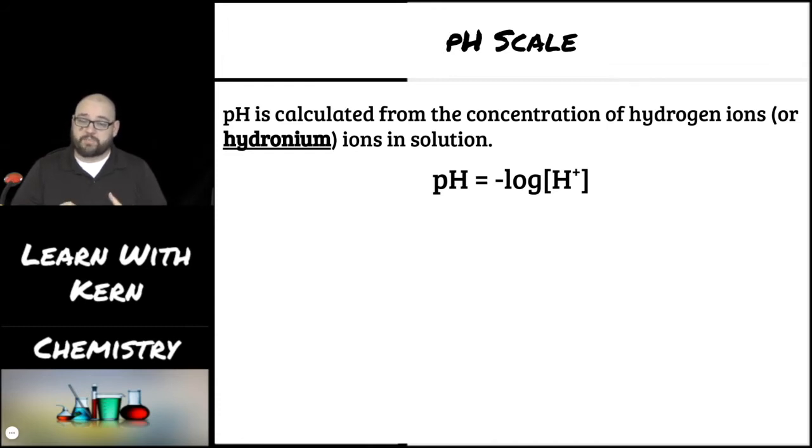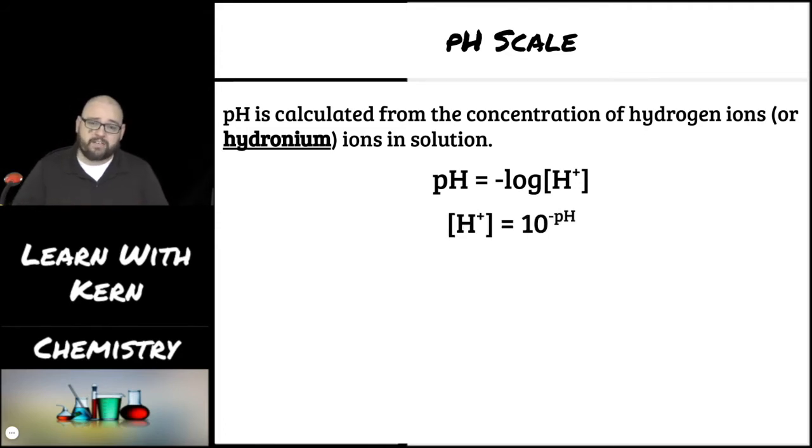Now, sometimes you're given the concentration of hydrogen and you need to find the pH. Sometimes you're told the pH, but you need to know the concentration of hydrogen. And like I said, a logarithm is just a fancy special way of doing exponents. So the opposite of the logarithm is basically just 10 to an exponent.